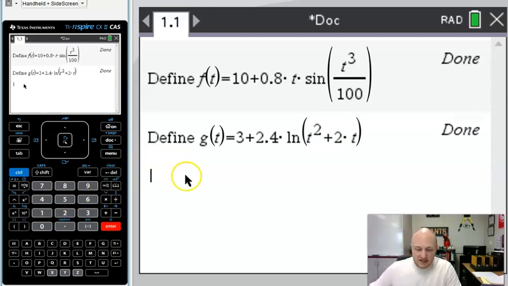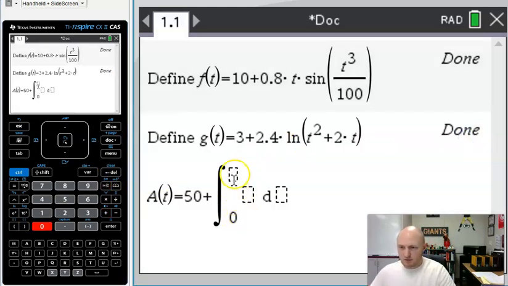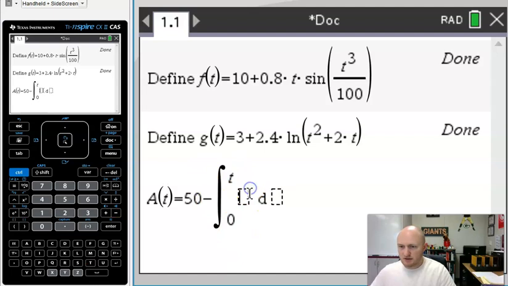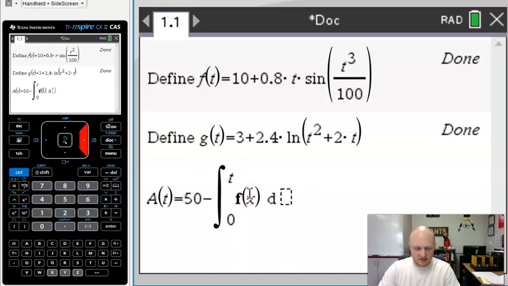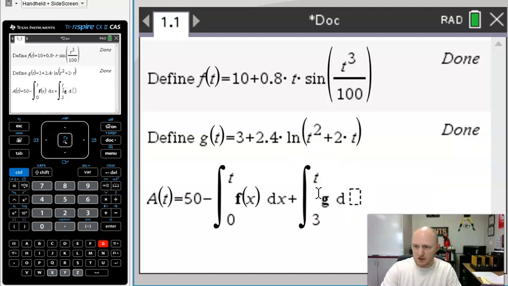Sometimes too, it's a good idea to go ahead and identify A of t. What the heck is A of t? Well, A of t is going to be equal to what we said, 50 minus the integral from 0 to t of f of x dx. And notice how that f of x is bold. It already recognizes, hey, we've already defined that, plus the integral from 3 to t of g of x.